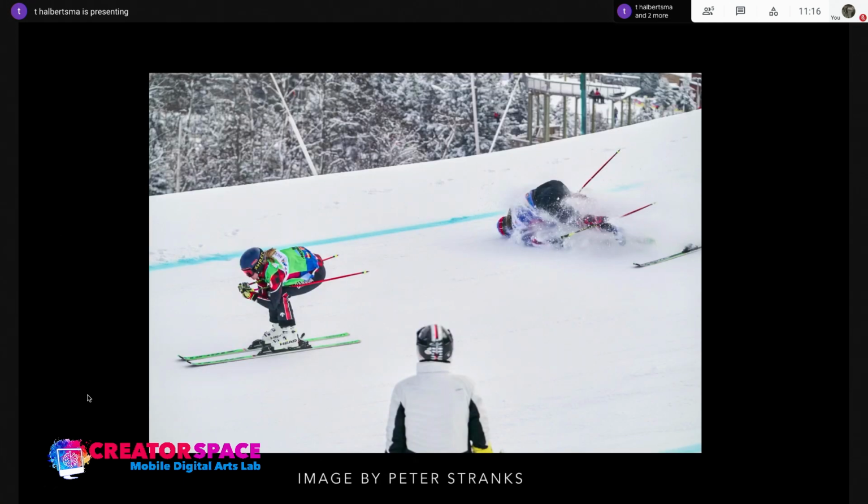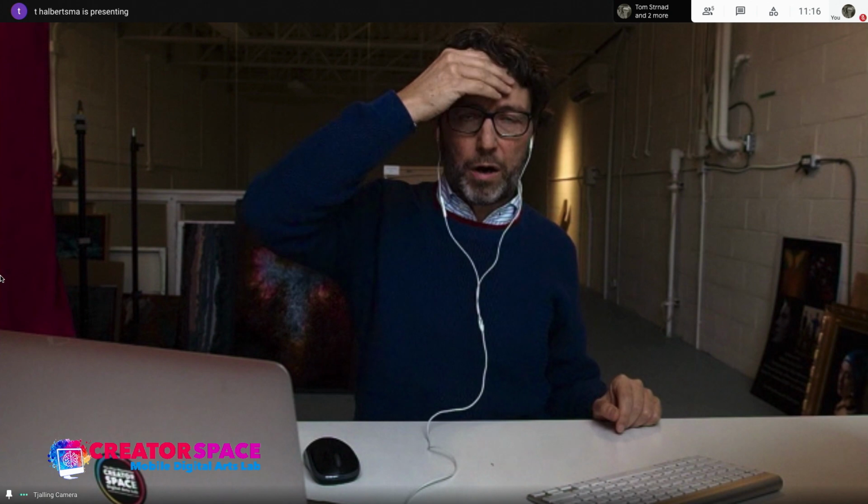So I thought it was a real beautiful story. Here we have these images by Peter Strengths, an old teacher of mine. I invited him to come to shoot the World Cup ski cross. And he was on that spot that when they were jumping, one person jumped too hard, too fast, and she couldn't handle it anymore and just smacked right down on her face.